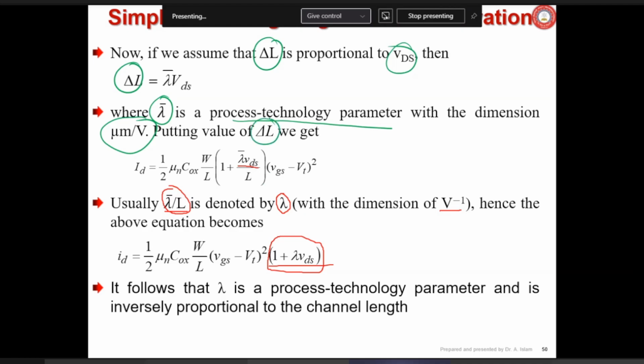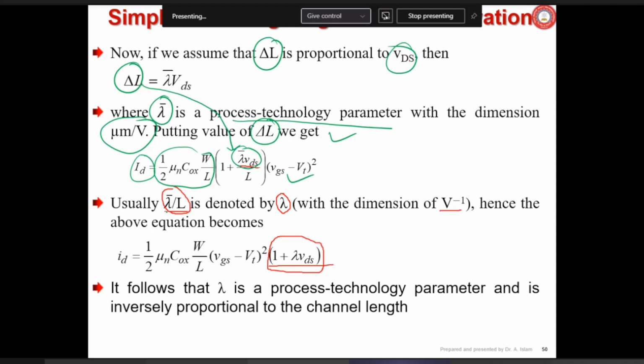Putting the value of delta L, we get ID equals mu n C_ox W by L into 1 plus lambda bar VDS by L. We just replaced delta L by lambda bar VDS, and other things remaining the same.